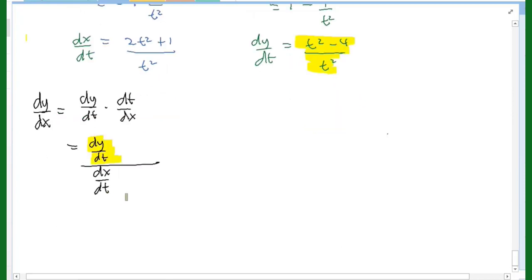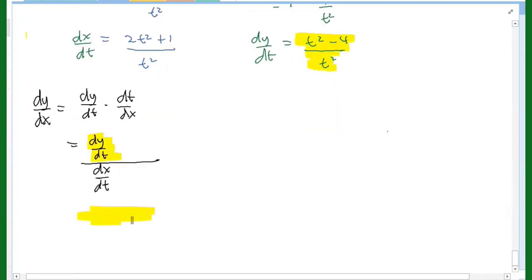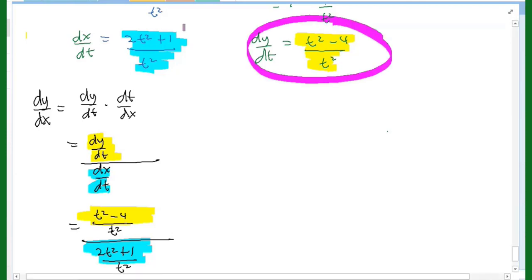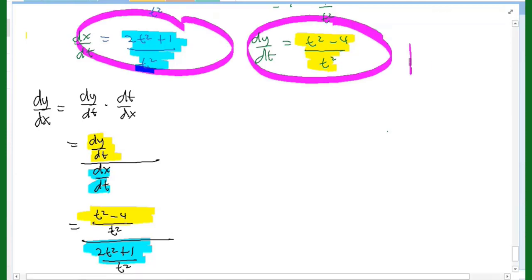And this one is dx dt. Then dy dt, t squared minus 4 over t squared, over dx dt, 2t squared plus 1 over t squared. Okay, make sure dy over dx, dy dt over dx dt.